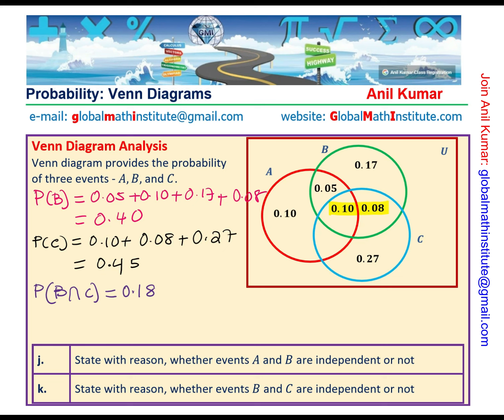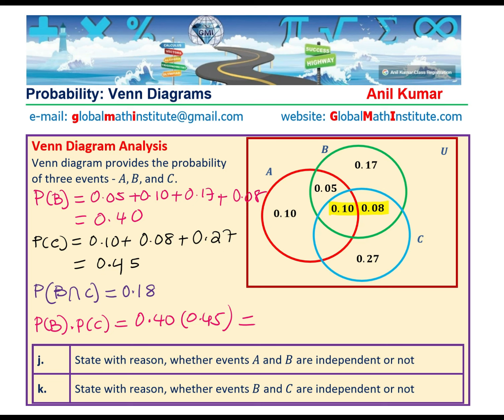Now, let's find the probability of B times probability of C. Probability of B being 0.40 multiplied by 0.45. What do you get? When you multiply 0.4 times 0.45, you get 0.18.